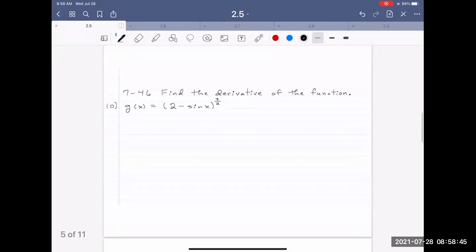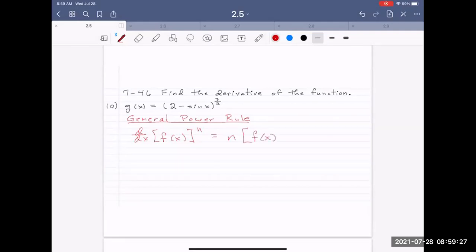So the general power rule, which is just a corollary from the chain rule, says that the derivative of some function f of x to the power n is equal to n times f of x to the power n minus 1 times the derivative of f.